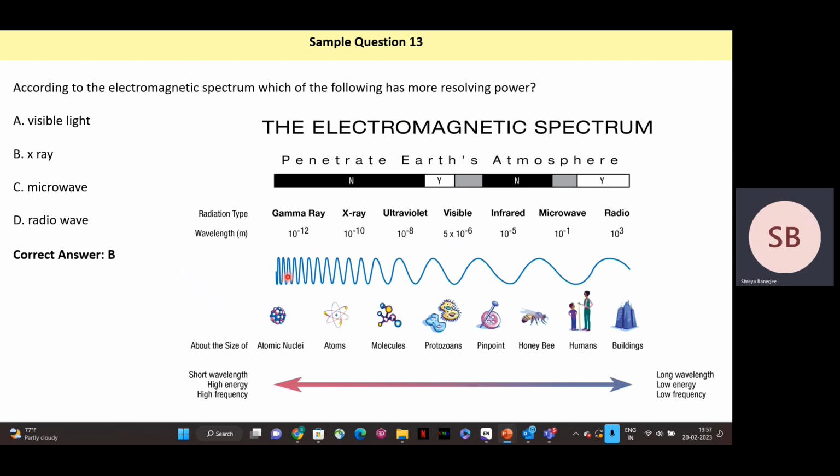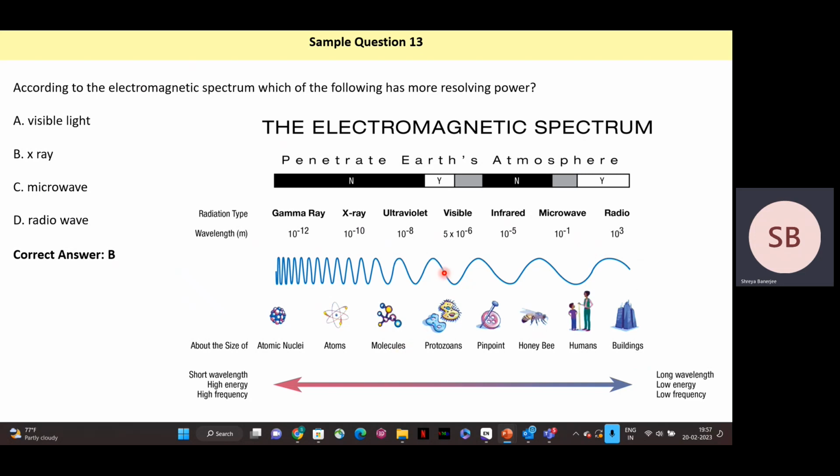If you look at the atomic size of atomic nuclei, atoms, and molecules, you can see that a microwave can only distinguish between humans or buildings, while radio waves are even larger.